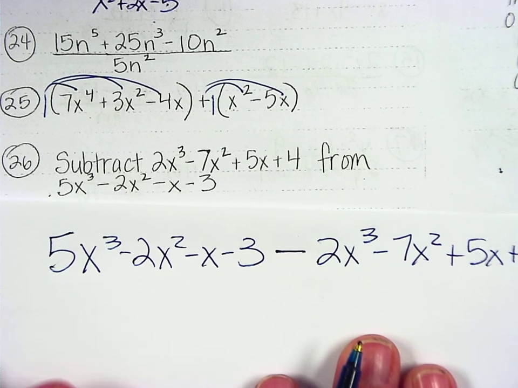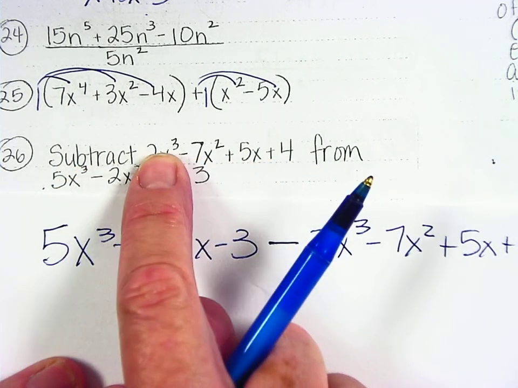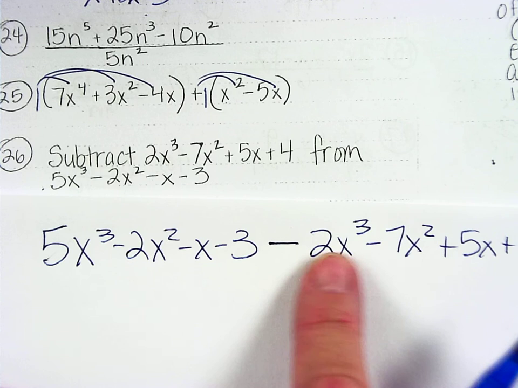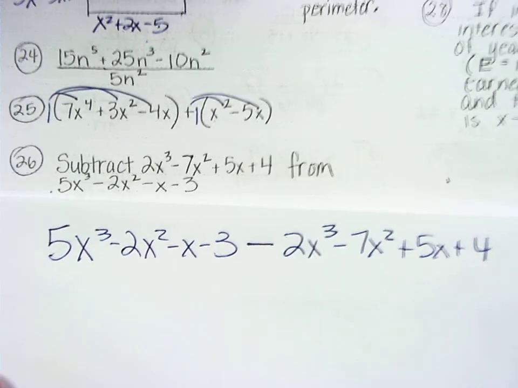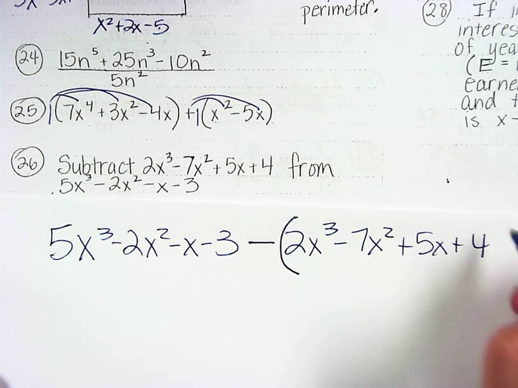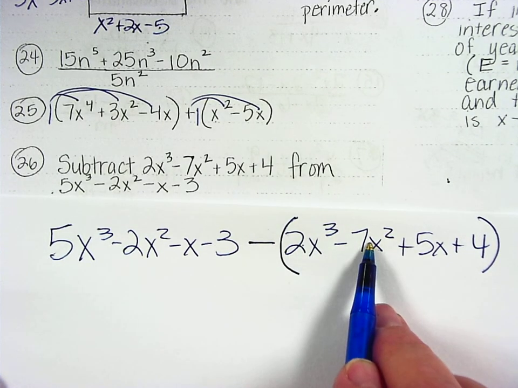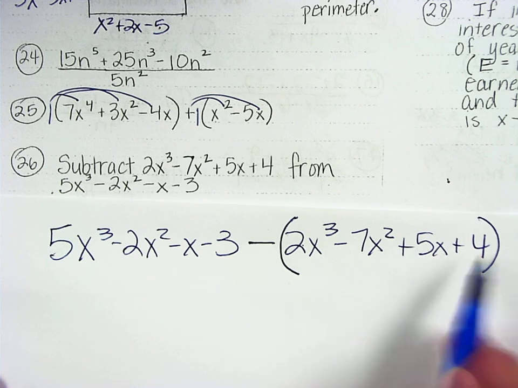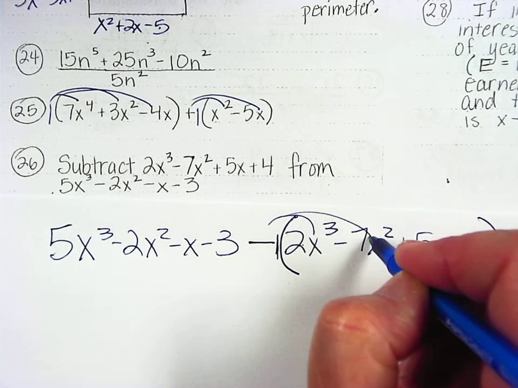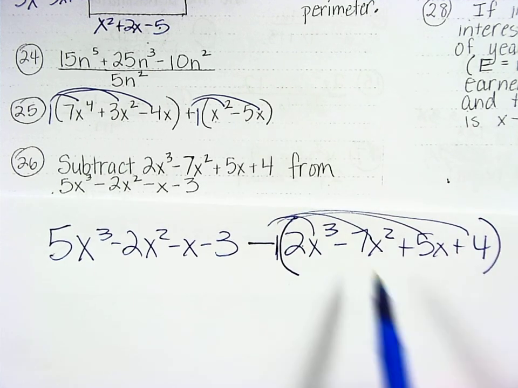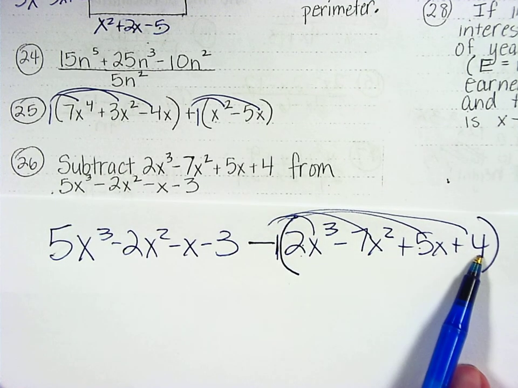But here's the deal. If I have to subtract all of this, that means I have to subtract every term. So I have to put it in parentheses, so I'm sure to distribute that negative to every term inside my parentheses. And we can think of that to make it easier as a negative 1. And when I distribute a negative 1, every term inside the parentheses changes its sign.